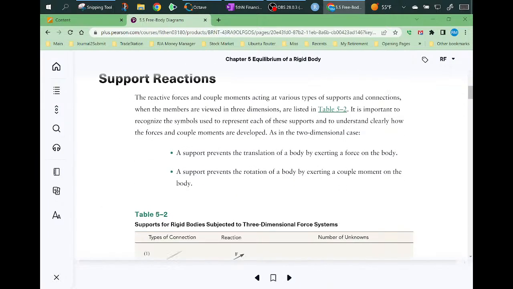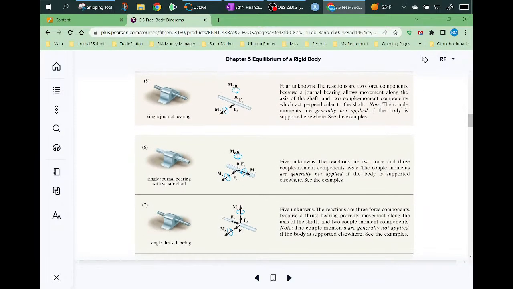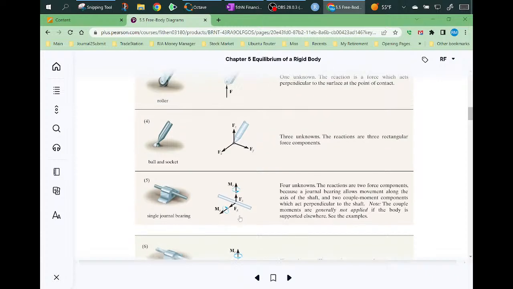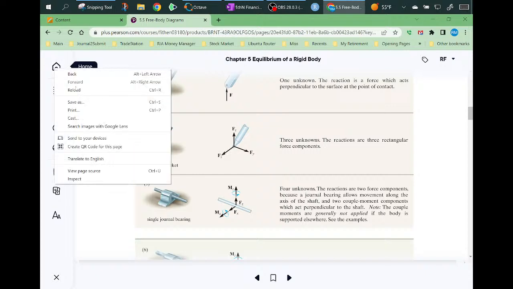Okay, as I roll down through this and look at these supports, I see a journal bearing able to carry this. Okay, so that's me. Oh, it won't allow me to do that.